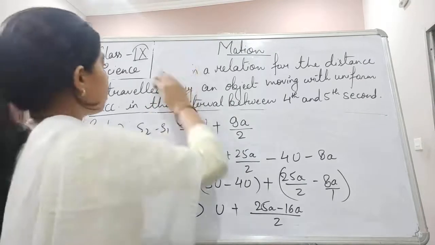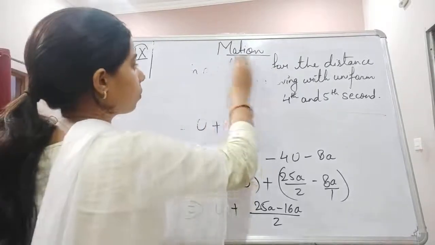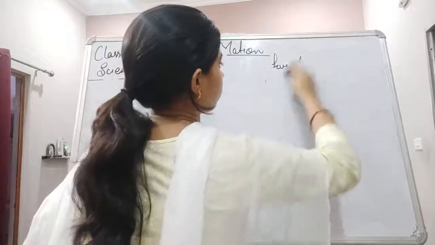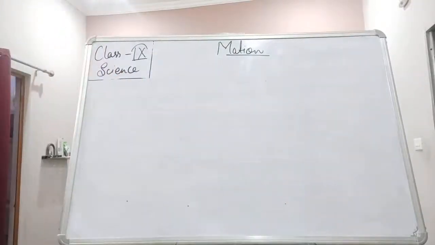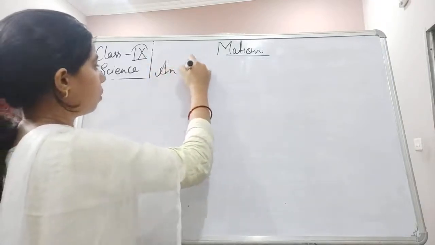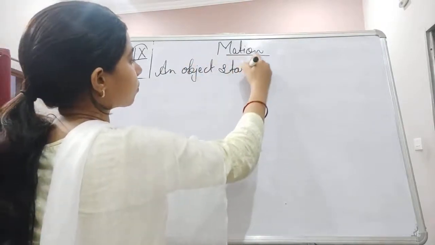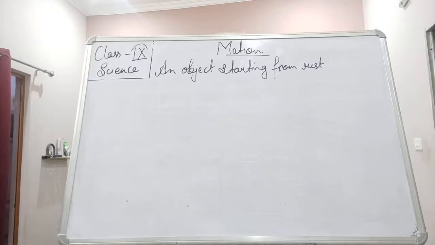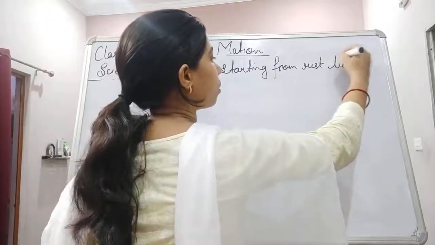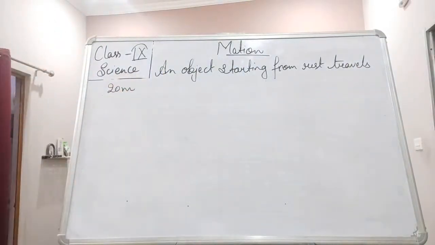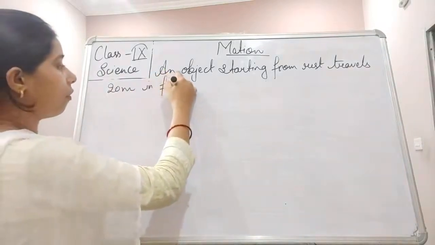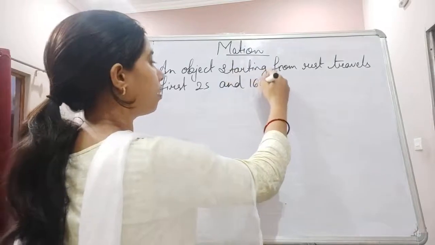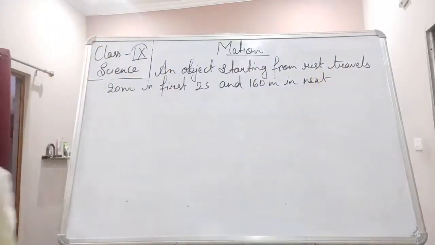Now let us see another question, students. Question is, an object starting from rest travels 20 meter in first 2 seconds, and 160 meter in next 4 seconds.